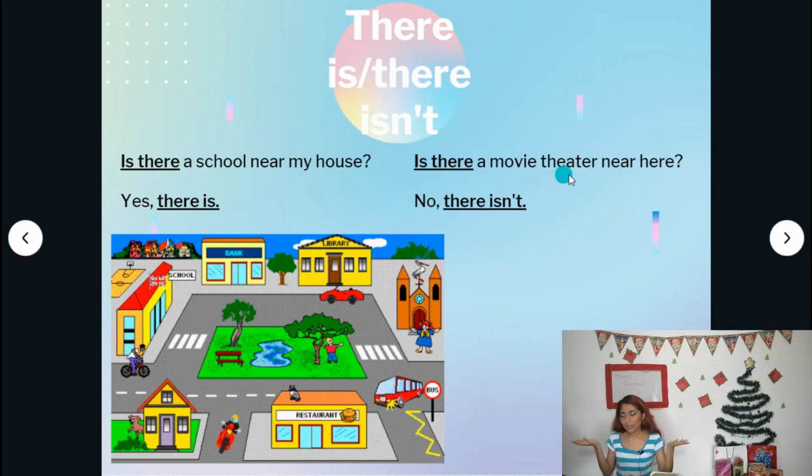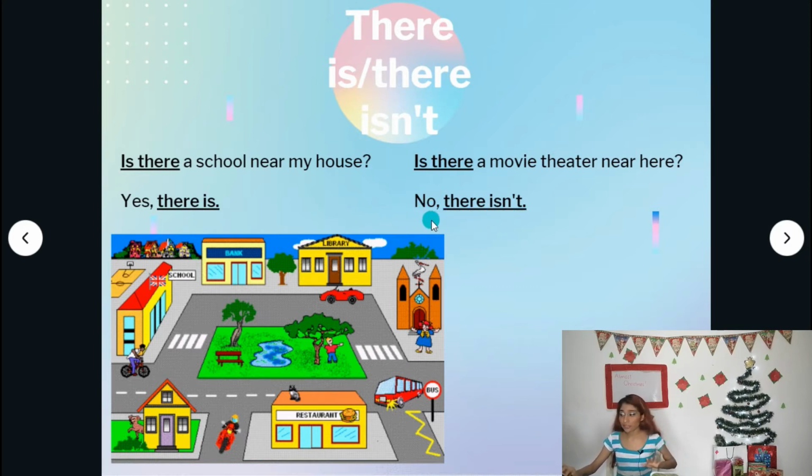Is there a movie theater near here? A movie theater. We can look at the map. I don't see any movie theaters in here. So, my answer, mi respuesta sería, no, there isn't.